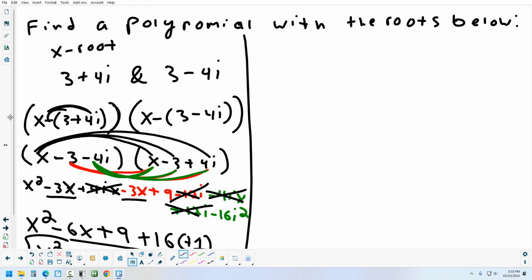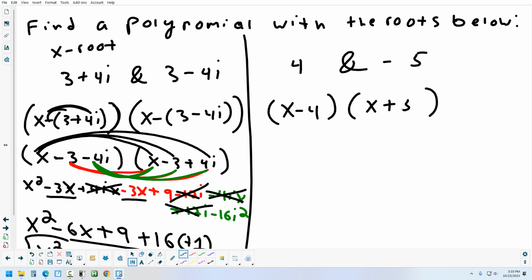So let's say that 4 was a root and negative 5 was a root. It's a little bit easier with reals because you have less to multiply. If 4 is a root, what would be the factor that comes from? X minus 4. Good. And if negative 5 is a root, that x minus negative 5 would be x plus 5.